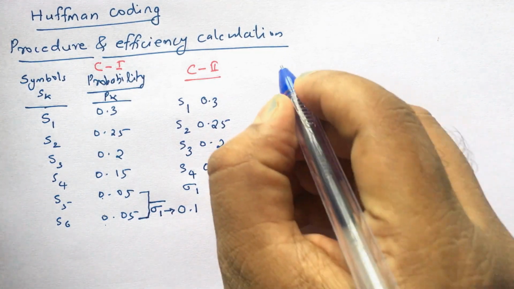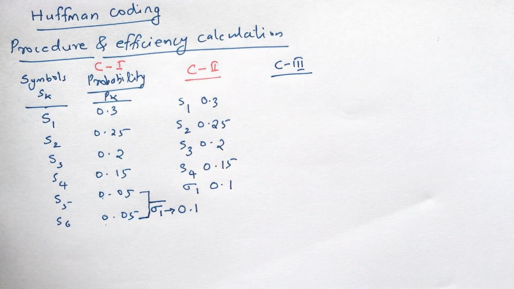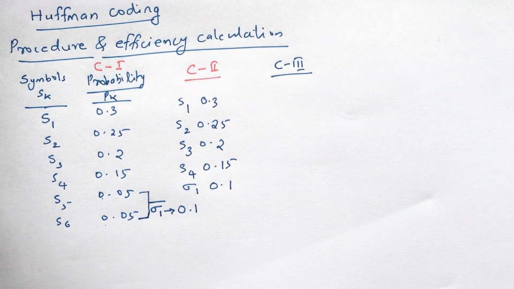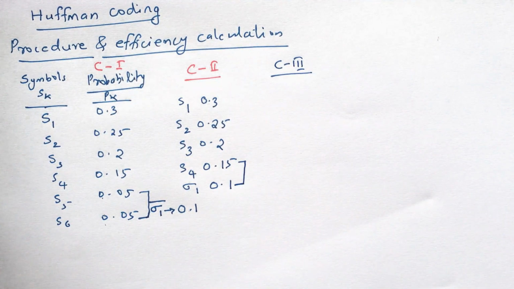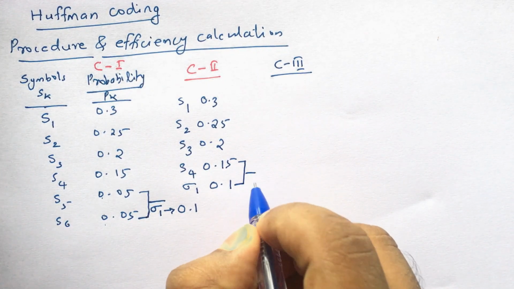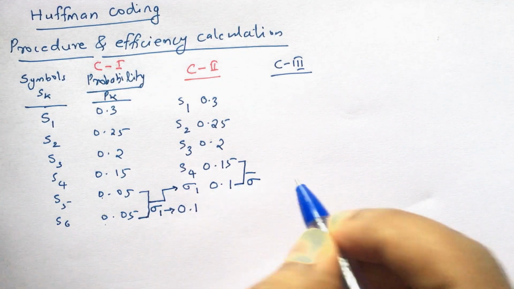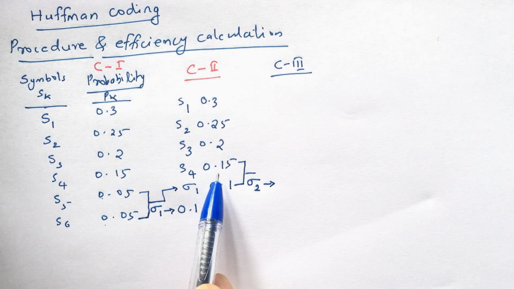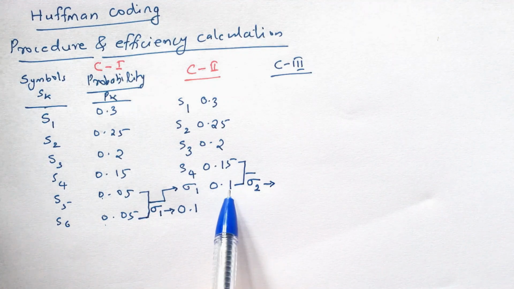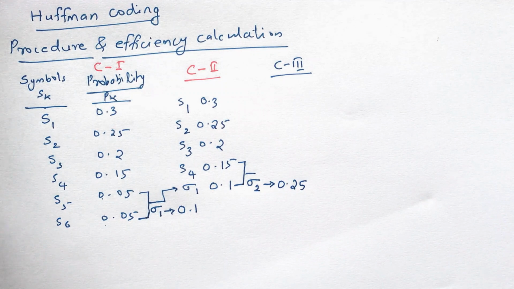Now I am generating the third column. In order to find the third column, we need to combine the last 2 symbols of column number 2 to generate a new symbol known as sigma 2, whose probability is the sum of the probabilities of S4 and sigma 1, that is 0.15 and 0.1, which equals 0.25.